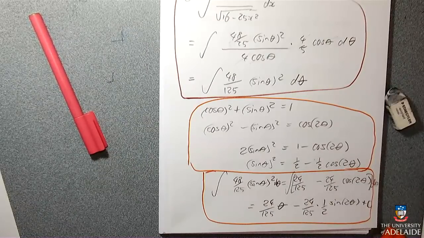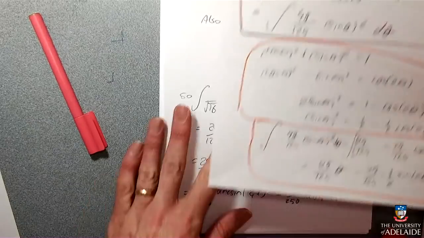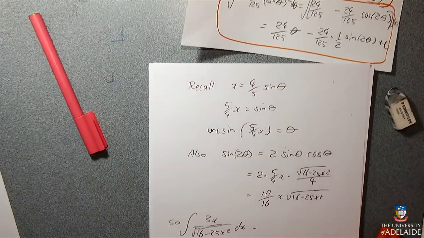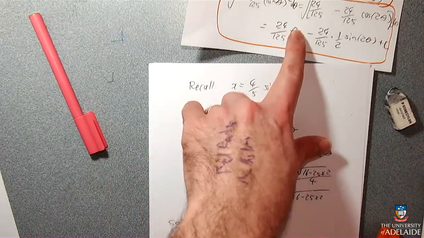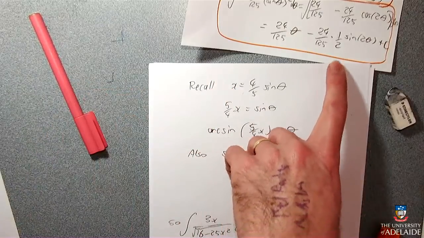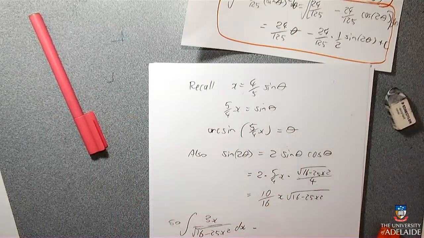And then I had to take my answer and go back to my original things and find out what each piece of what I had written here was in terms of x. So the straight up theta I could get from the one that just related x and theta directly, and the sine 2 theta I had to use another trig identity and pull that out of my original working.